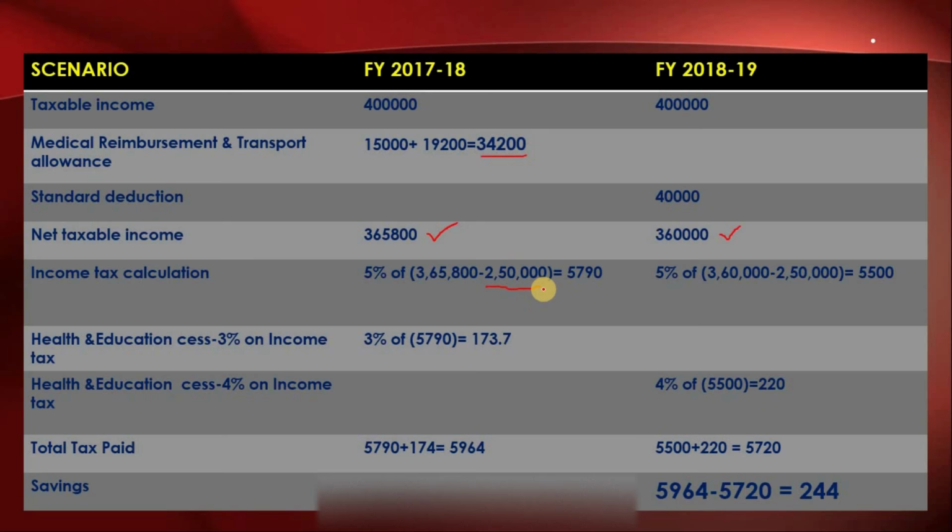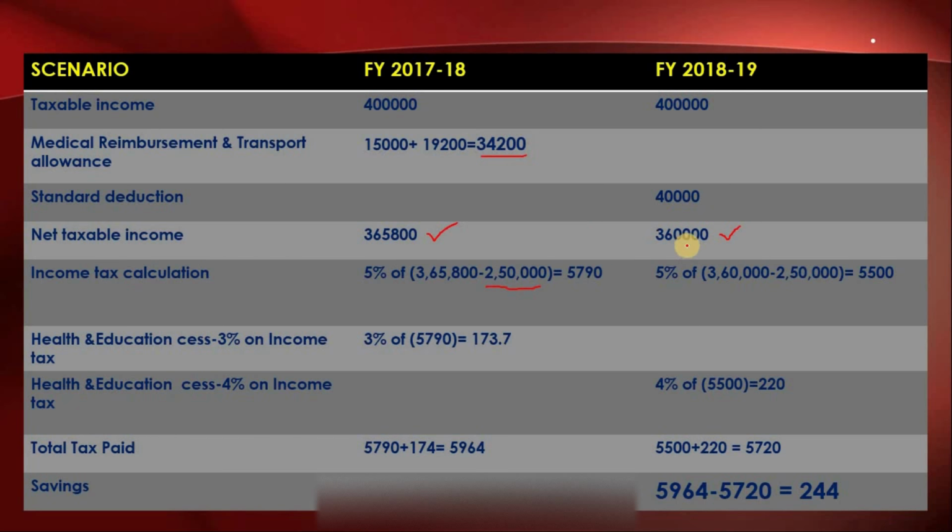So the tax will be calculated on the amount greater than 2,50,000 rupees. So I subtracted, I'll get 1,15,800. On the amount which we get from the subtraction, I'll calculate 5% of that amount. So I'll get 5,790 rupees.